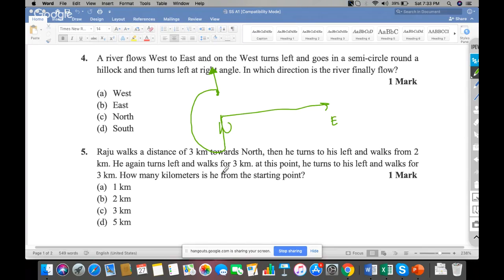Which answer you guys are giving me? Have I done something wrong? Let me just check.